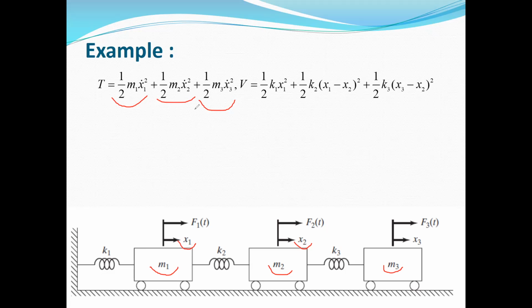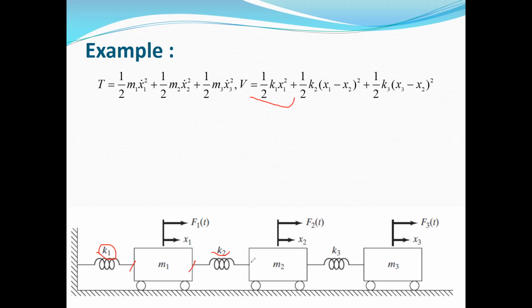The first one is the potential energy stored in spring k1, and it's equal to half times k1 times its displacement x1 squared, because it has only one movable edge. The second term is due to the spring k2.